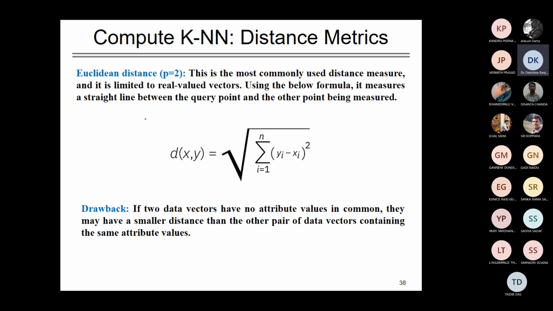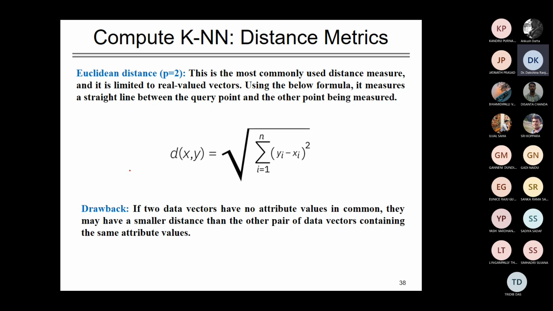Around the query point we get the points within its proximity, and the straight lines are determined from the query point to those points. This straight line is measured, and for this we can use the simple formula of Euclidean distance.